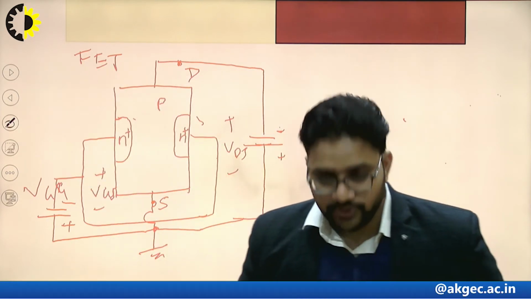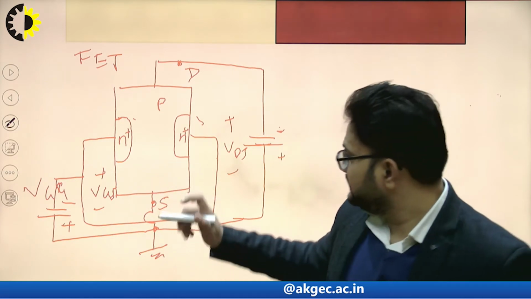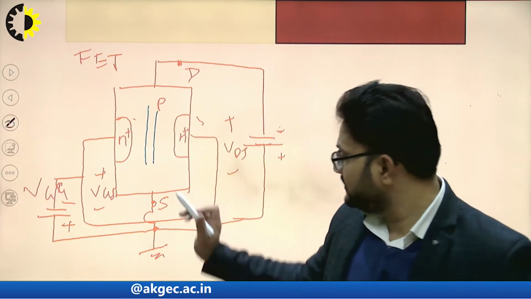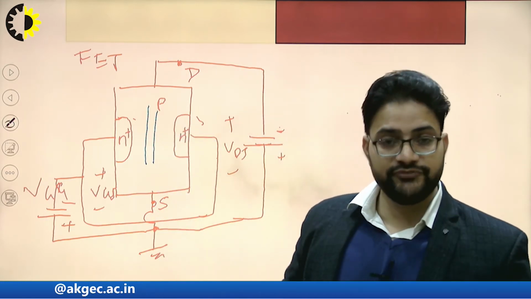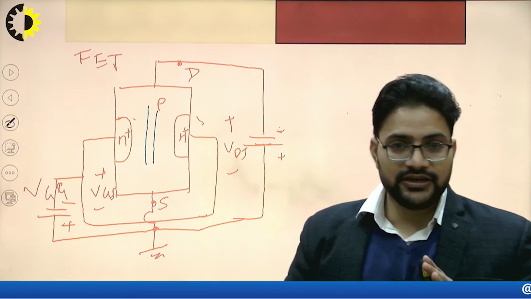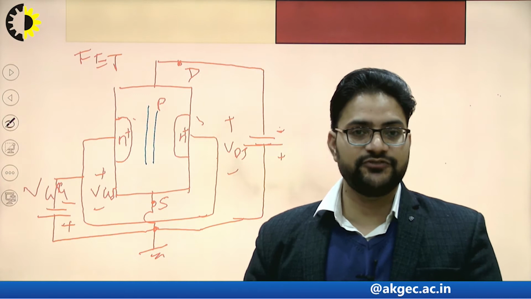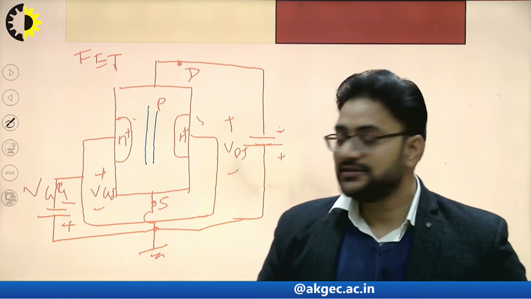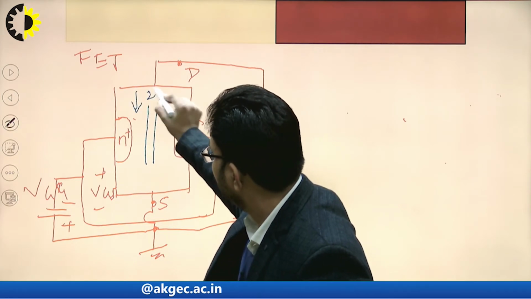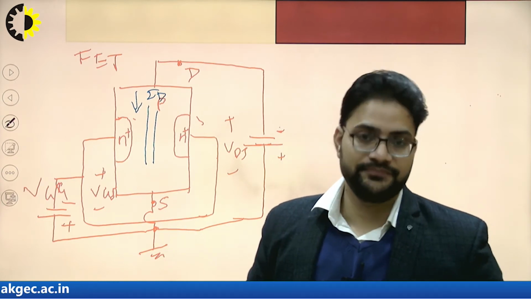Whenever VGS equals 0, this is the complete channel through which the charge carriers from the source will be moving towards the drain. So whenever VGS equals 0, the maximum number of charge carriers will be reaching from the source to the drain. The current moving from drain to source, ID, the drain current, will be maximum.